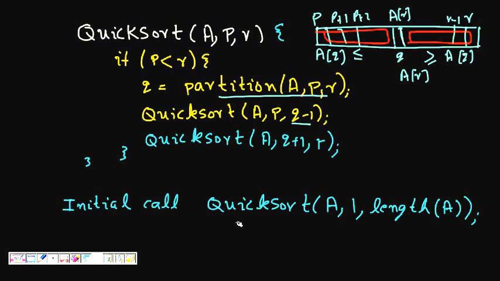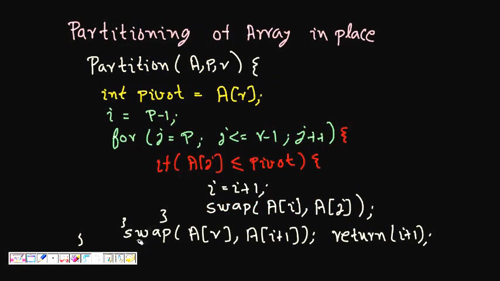So how do we call this function? This small piece of code will do the trick. The initial call will be quicksort(A, 1, length of A), where length of A is the number of elements in it. Now, what is the partitioning procedure for an array? Partition(A, p, r). We decide the pivot, which is A[r], the rightmost element.